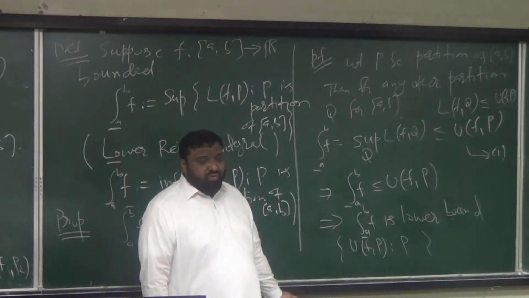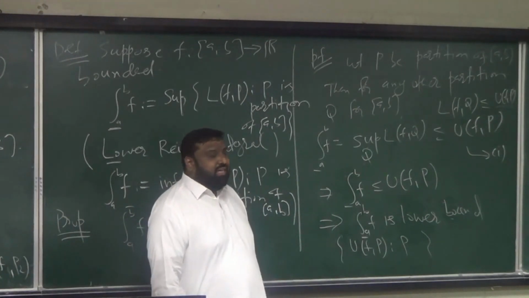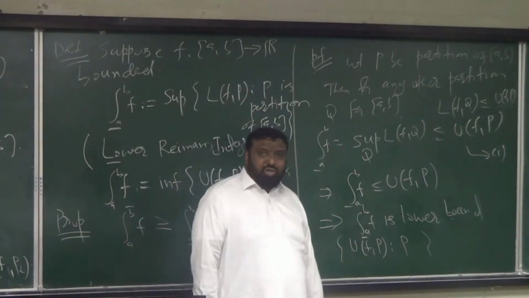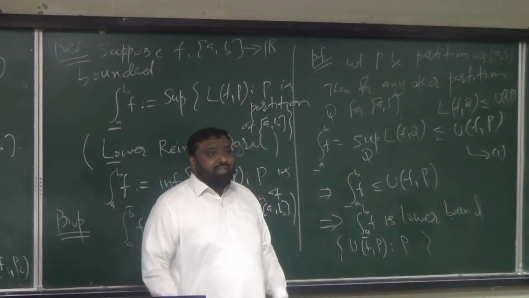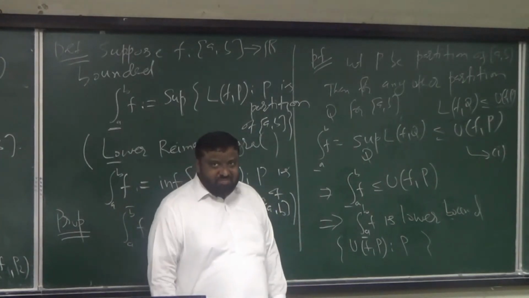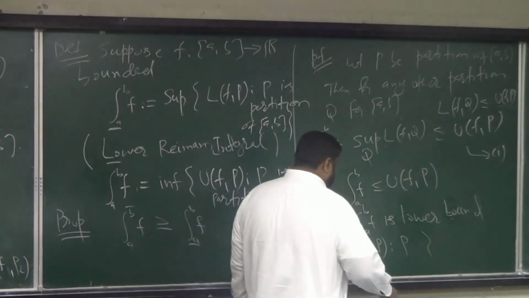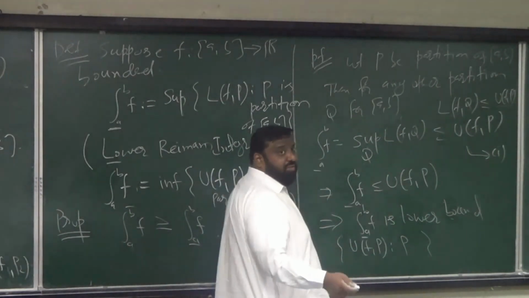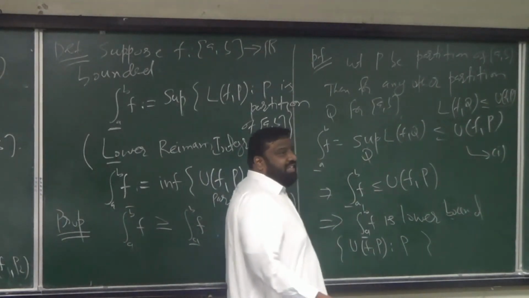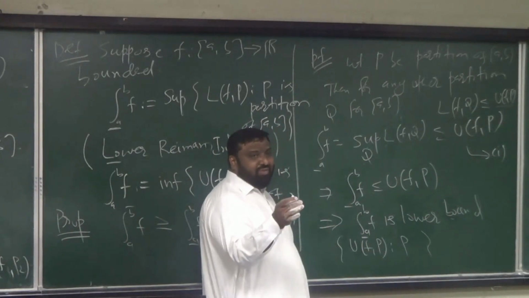So if it is a lower bound for this set, then it must be smaller than or equal to the greatest lower bound, which is the infimum. What is the definition of infimum? It's the greatest of all lower bounds.